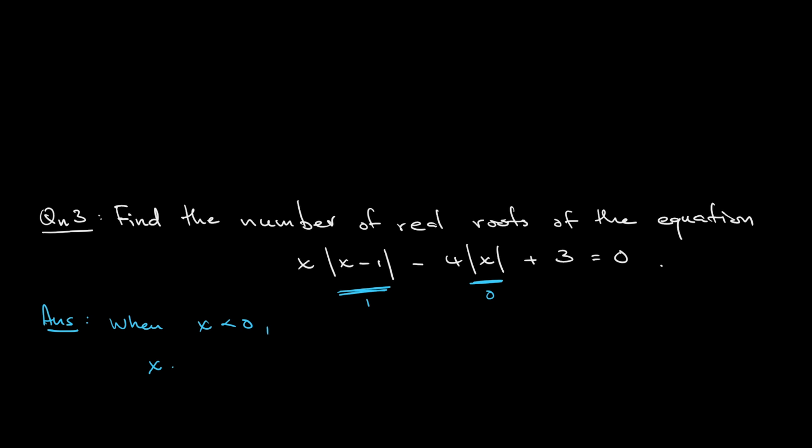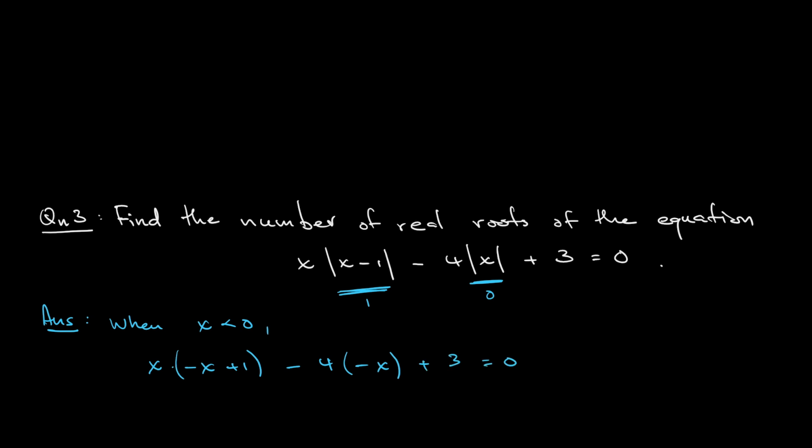So negative of x minus 1 becomes negative x plus 1, minus 4. Again, because we are considering the case whereby x is smaller than 0, coming out of the absolute value is negative x plus 3, is equal to 0.